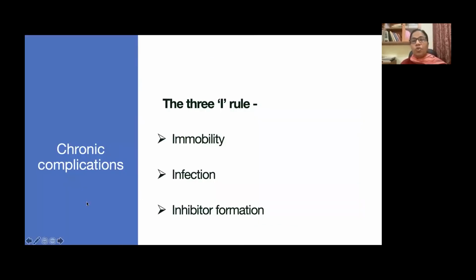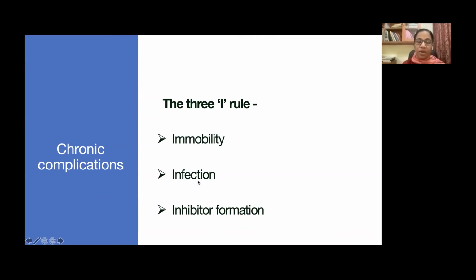Now we'll come to what are the chronic complications of hemophilia. So we have seen how to manage different bleeds, and the 3I rule of the hemophilia complications are: one is immobility. It's quite obvious. That is, after a bleed, immobility of the joints occurs due to chronic arthropathy because of improper treatment. Then infections.